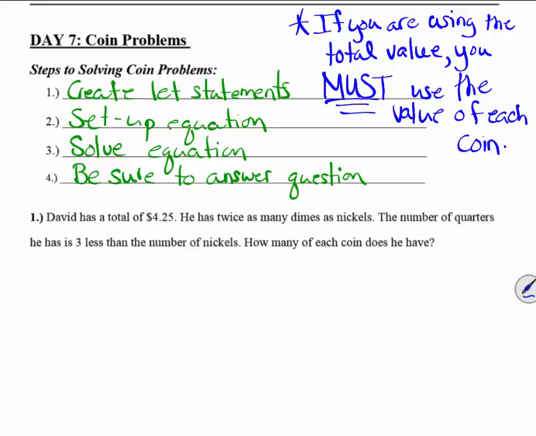So it says David has a total of $4.25. Right, that's going to be your equals. And we're talking about money, not just how many coins he has. So he has twice as many dimes as nickels. Nickels is written second. That's going to be your x.